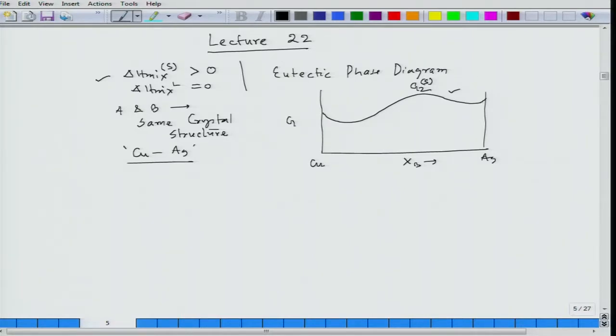The situation is different even if ΔHmix of solid is 0 or less than 0, and of course, that time ΔHmix of liquid I can consider either equal to 0 or less than 0. So, in these situations, if we see different composition levels giving different phases of different crystal structures, then we have to consider the G2 line of those phases separately.